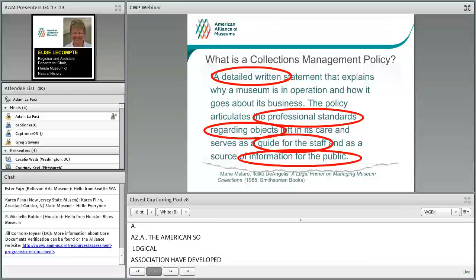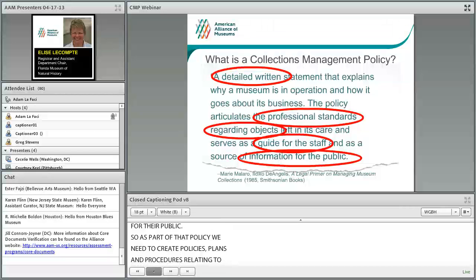The next phrase is objects. As we all know, most museums are nonprofits, and therefore they hold the collections in trust for their public. So as part of our responsibility for holding the objects in trust, we need to create policies, plans, and procedures related to taking care of the objects and managing collections-related activities.